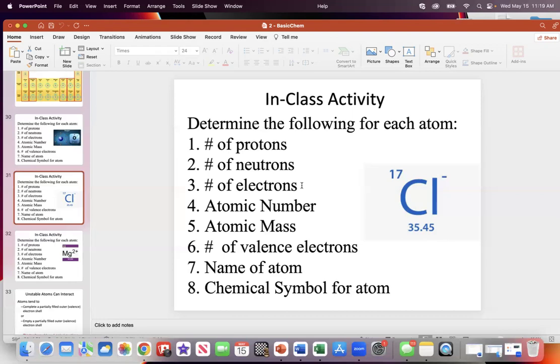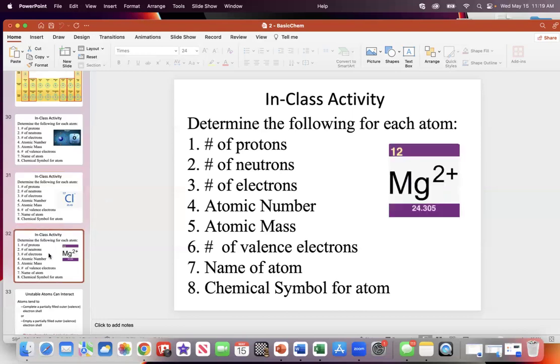And the second layer, 8. 2 and 8 make 10, so you have 8 left because in total you have 18. So all 8 go into the third layer. The third layer, the outer layer, the electrons there are valence electrons. So the number of valence electrons will be 8. Name of this atom, chloride. Chemical symbol, Cl. So that's how we deal with an ion, the one with charge.